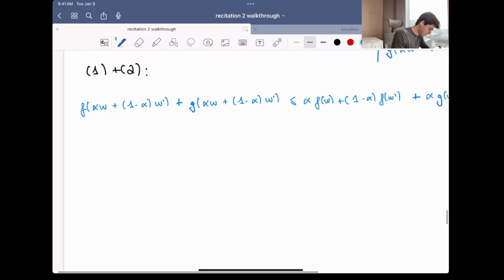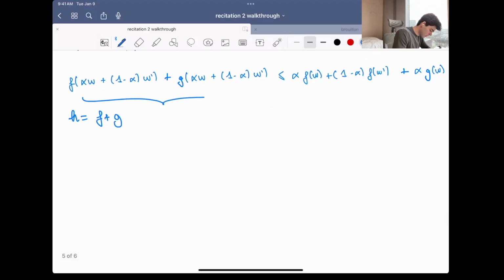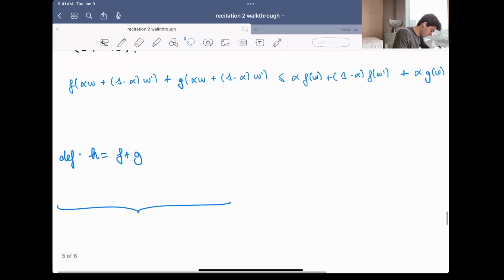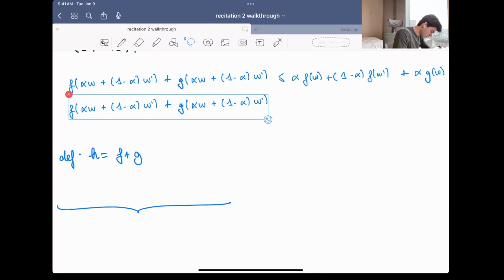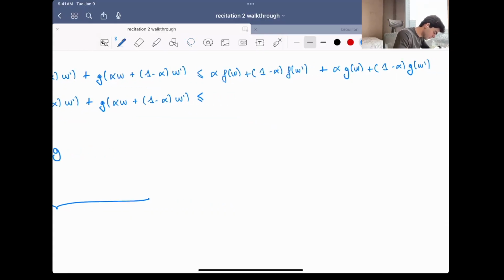And then notice that if we define H is equal to F plus G, then, wait, maybe before this step, let's do something else. The inequality above implies that this is true.